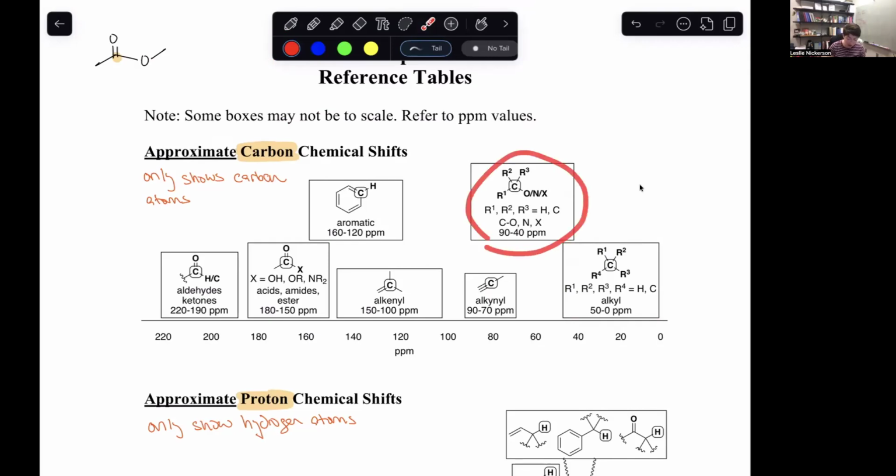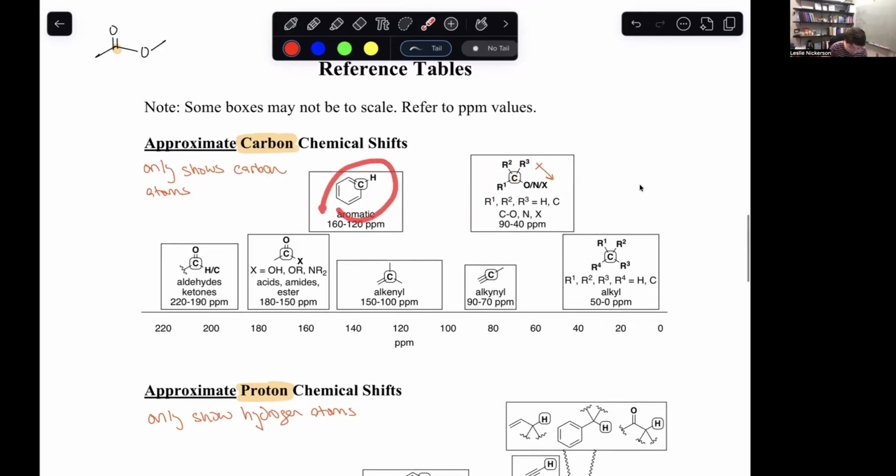As soon as I start adding an electronegative atom onto that carbon, I've got inductive electron withdrawal, a pull away. That carbon is becoming de-shielded because that oxygen or nitrogen or electronegative atom is starting to pull electron density away from that carbon, pushing it downfield.